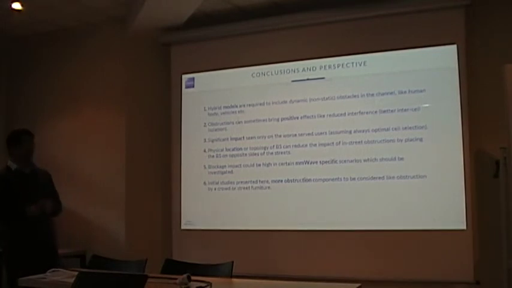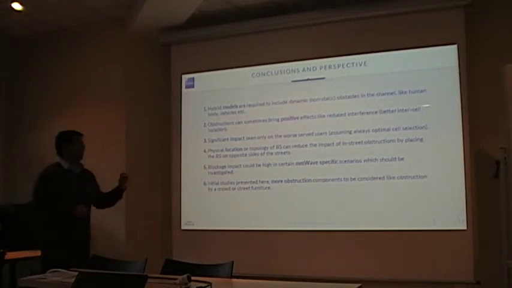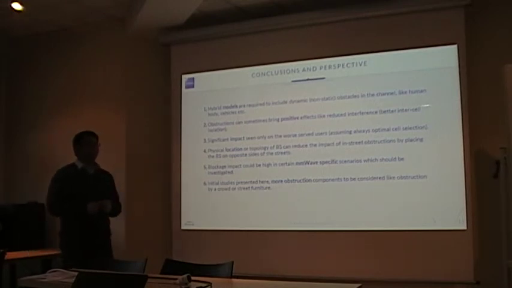So physical location or topology of the base station can reduce the impact, but you don't tell me really how much on average you can reduce. It's not really precise. Blockage impact could be high in certain millimeter wave specific scenarios. Said like this, what does it mean? It means everything and nothing. You know what I mean?